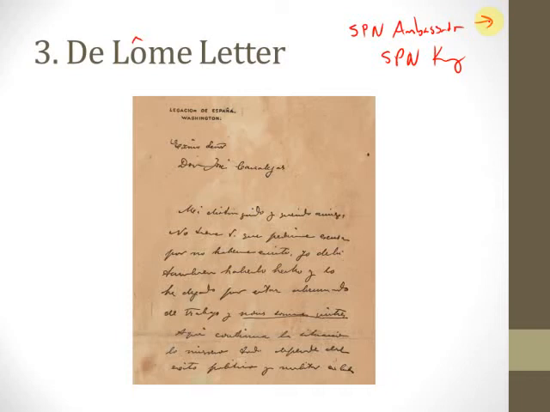Now, what might the response be of the American people when some Spaniard criticizes your president? Were the Americans angry? Yeah, folks, the Americans saw it as an insult to American honor. They saw this letter as an insult to our American honor.